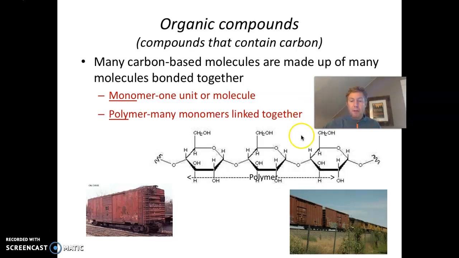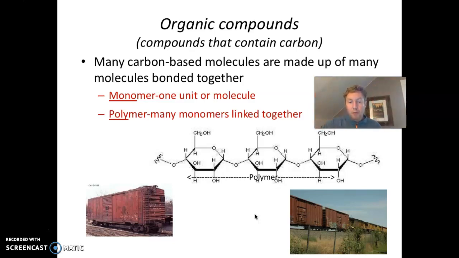In this picture below, I see three large sugar molecules attached together. When we have large molecules attached together, we call that a polymer. The polymer is made up of many individual subunit molecules called monomers. So we could have one monomer, like a glucose, attached to another and attached to another, and that makes up the whole polymer.